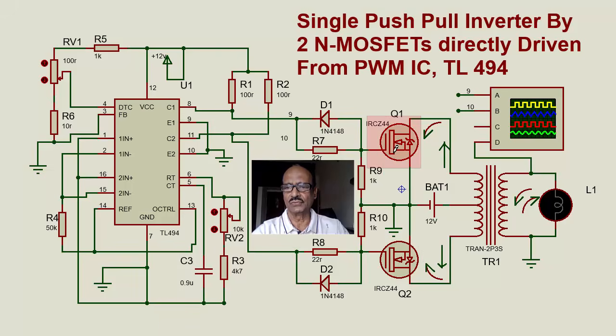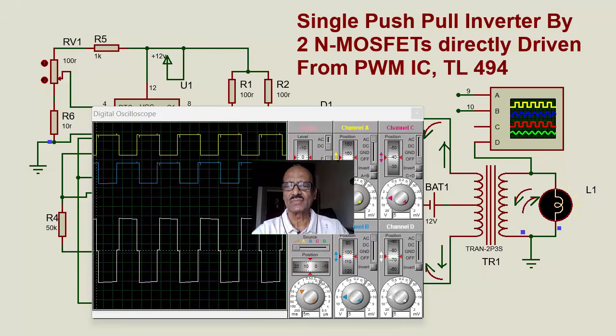But then when this switches off, apart from the charge being taken away, that's a different point, and when this switches on, the current again starts from here, flows through this, and then completes the circuit. That is how it goes this way and then this way. In the process, the output will be this way and this way, and it becomes AC. So that's what we have been watching here.